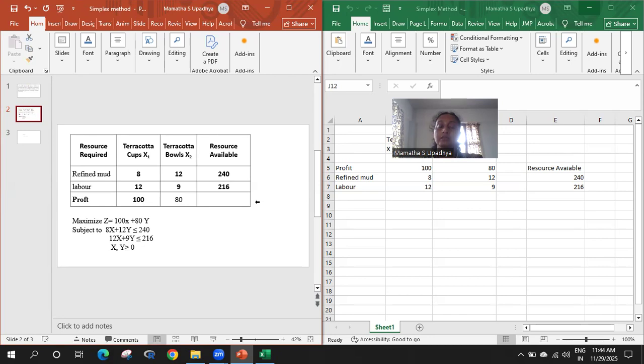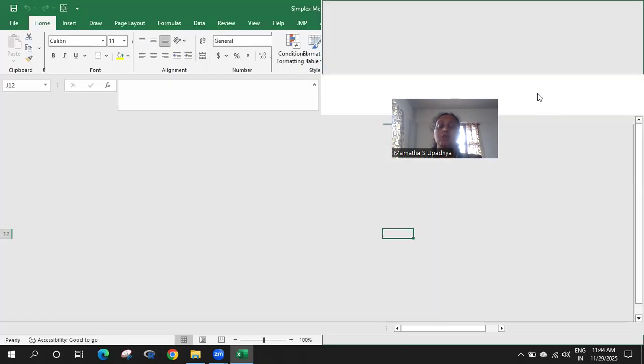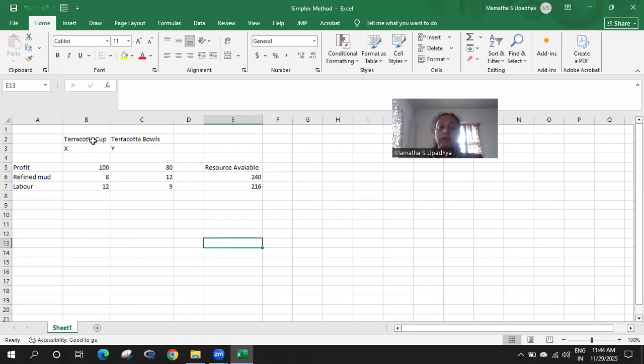Now let us see how this problem can be solved in Excel solver. Here, whatever we have formulated, the same data is written. The profit is mentioned, and refined mud and labor are the resources required and the resources available.